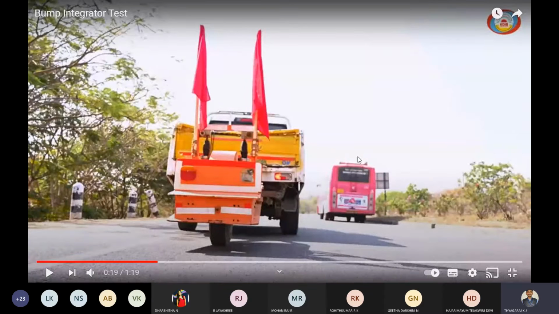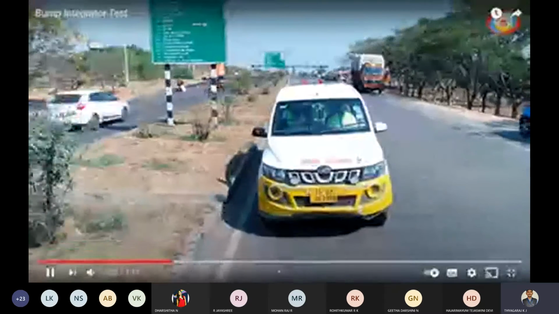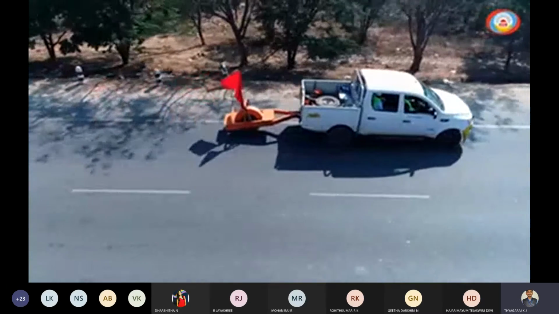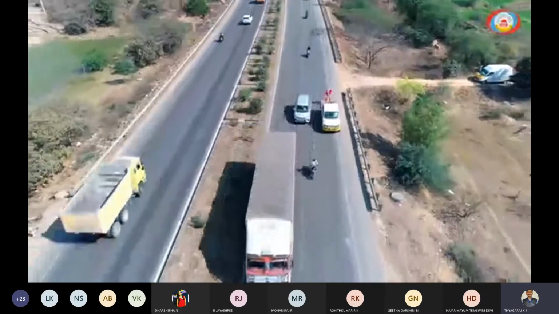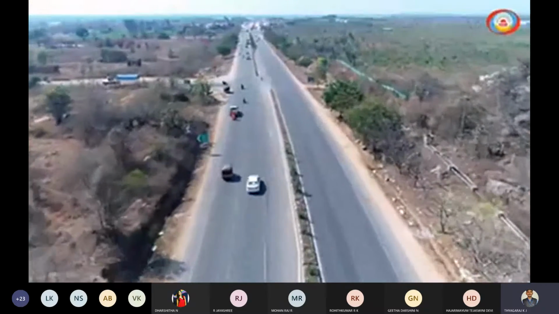Along the wheel path you have to tow this fifth wheel at a speed of 5 to 6 kmph or slightly greater than that, 10 to 20 kmph also you can drag.